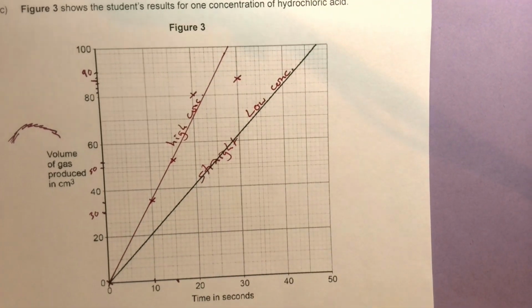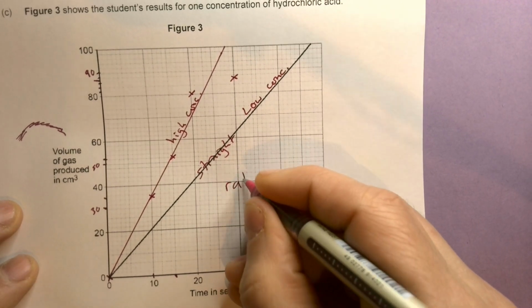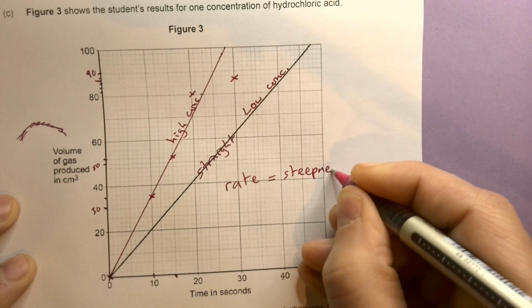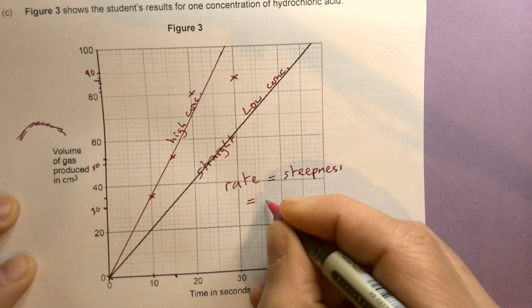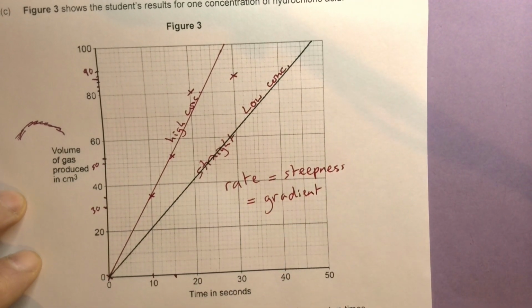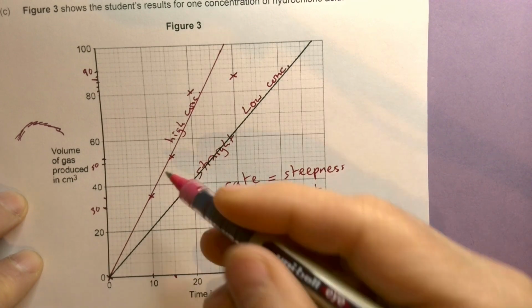Okay, so what do we notice? Well, whenever we're looking at a graph, rate equals the steepness, which also equals the gradient. They're all just different words for the same term. So the rate is the steepness, so this one's a higher rate here.